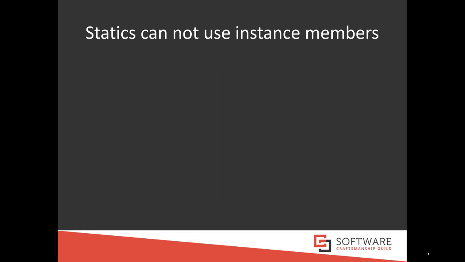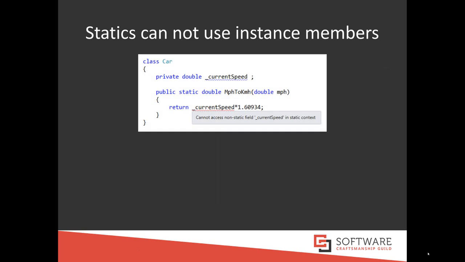Statics can't use instance members. So take a look at this code. Imagine we have a class called Car, and I put my MilesPerHourToKilometersPerHour static method inside that. The car has a private field called currentSpeed. I cannot use that field inside the static method. Think about it this way.